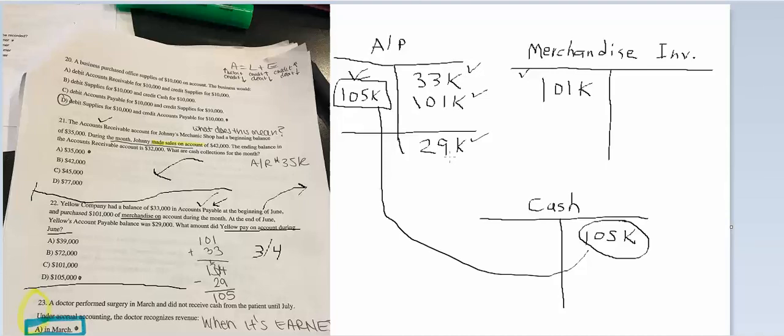Began with 33, ended up at 29, bought an additional 101,000 on 30-day credit. That's what accounts payable is. And then you have your cash transactions, the cash amount you pay on accounts payable. So there's cash going down, and likewise, here's the accounts payable liability account also going down. Remember that liabilities go down with a debit. This is how you back into this.